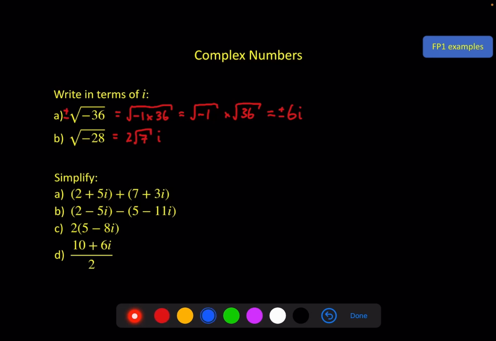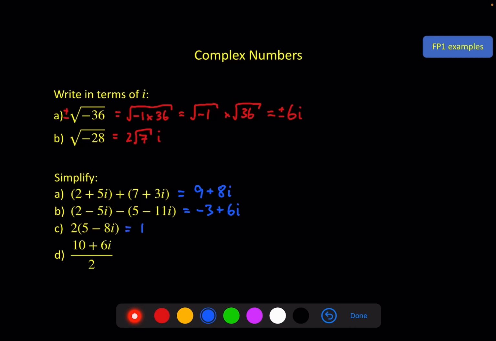The next set of examples are fairly straightforward. You can see here we've got 2 and 7, so the real part is 9, and the imaginary part, 5 plus 3, gives 8i. All the usual algebraic rules apply. Here we have minus 3 and plus 6i, because the minus 11.